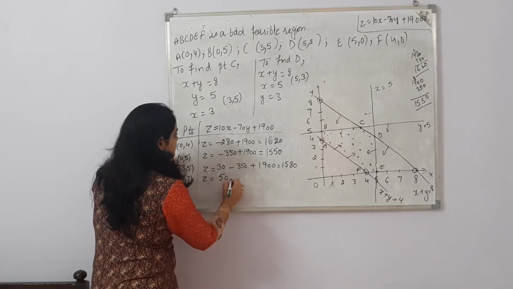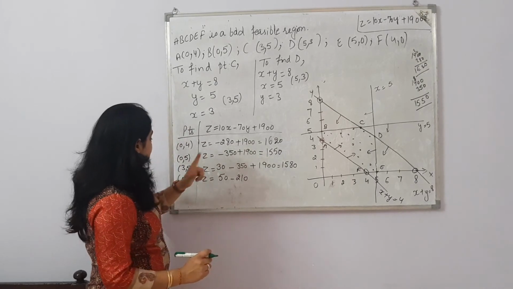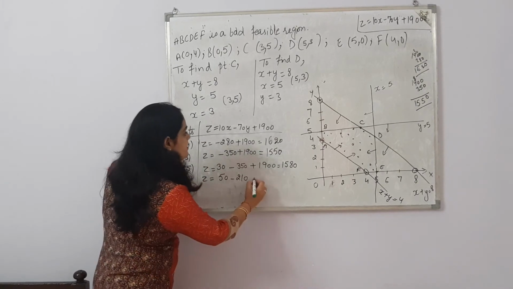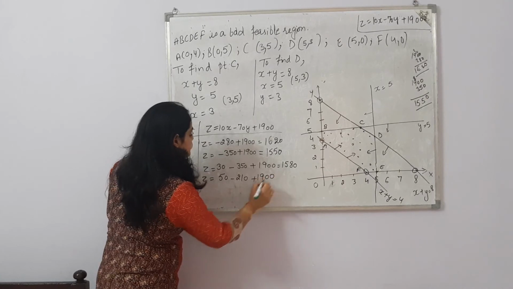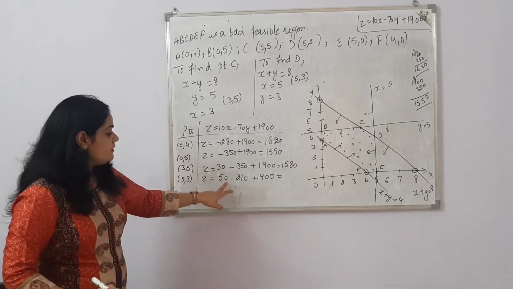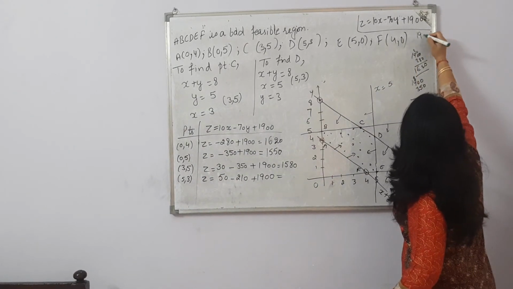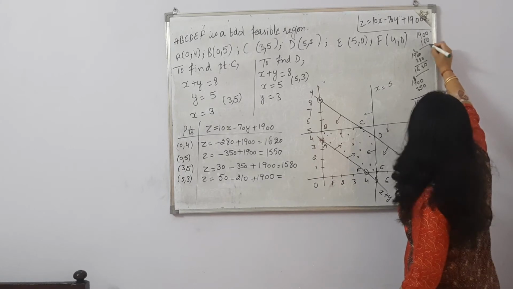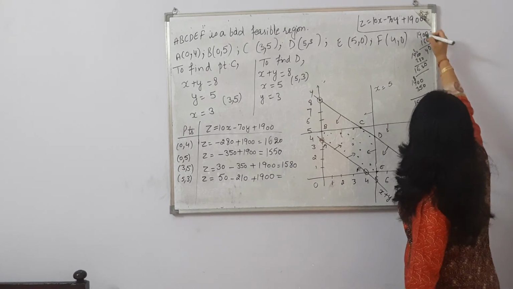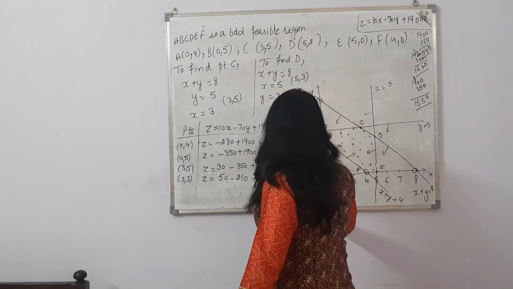It is 50 minus 210 plus 1900. Now 210 minus 50 is 160, so 1900 minus 160 becomes 1740.